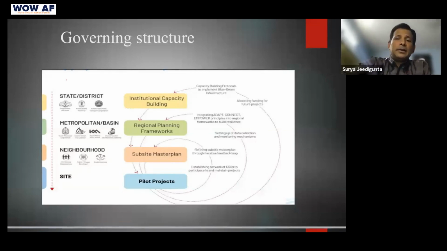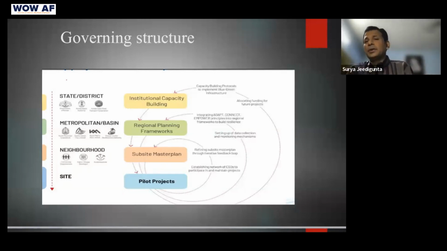With this framework, we will be able to bring them together and achieve some real tangible outcomes. So I think this is a very, very important hierarchy and governing structure that, if we can implement across different states, will be quite useful.